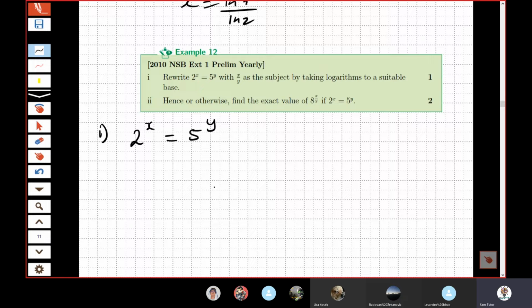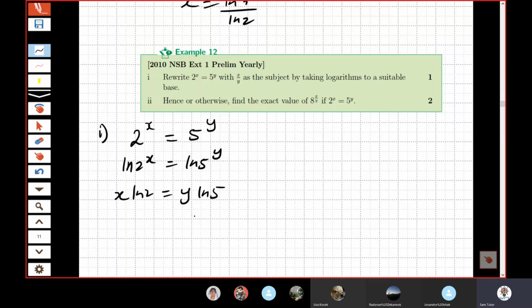We want it as x on y, so definitely not these powers. What are you going to do to both sides? Log both sides. So what do you write? Log 2 to the power of x equals log 5 to the power of y. Then you drop the powers, and then you're very close. And then divide.